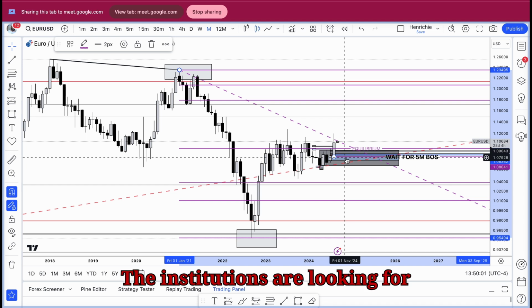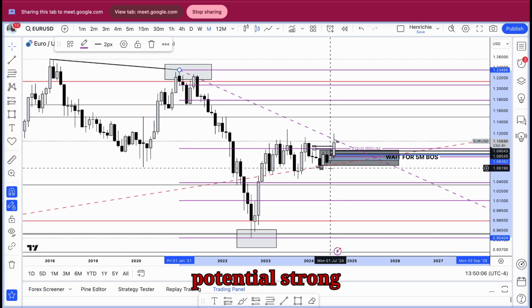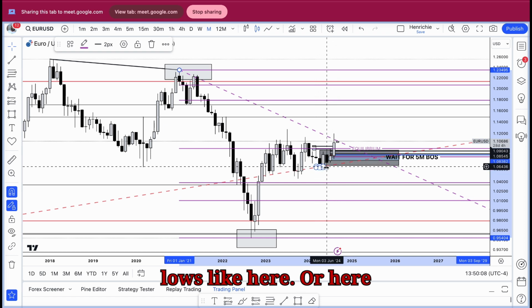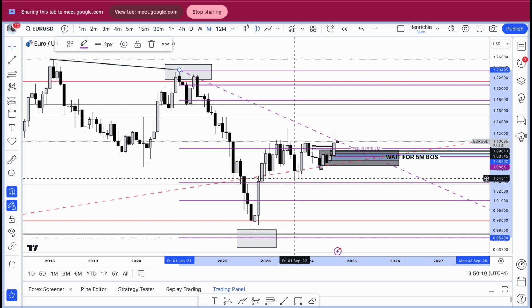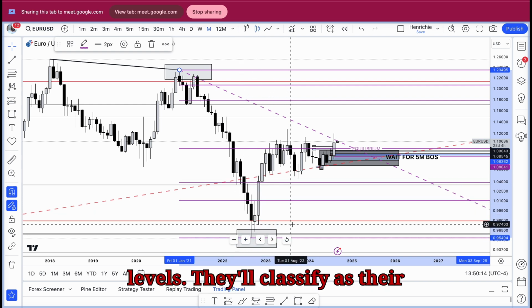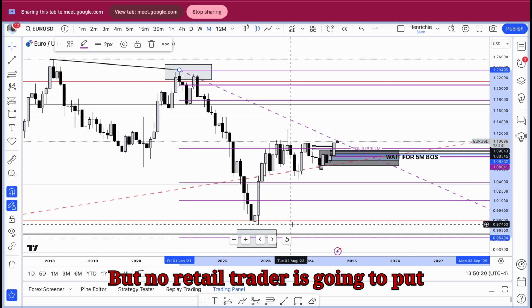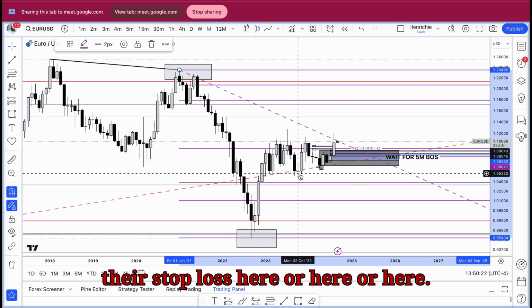The institutions are looking for potential strong lows like here or here or here. Those are key levels. They will classify as their liquidation zones. But no retail trader is going to put their stop loss here or here or here.